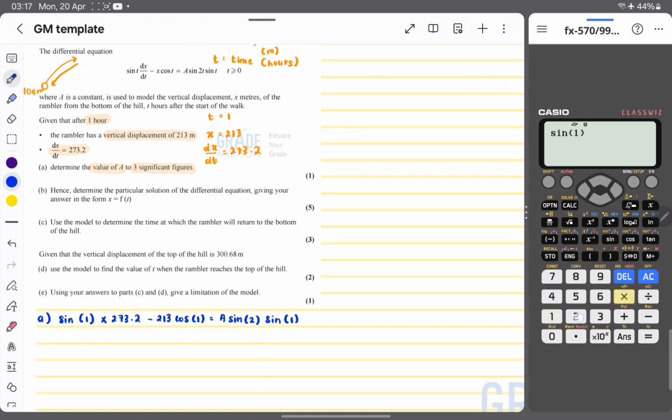Sin 1 times 273.2 minus 213 cos 1 equal to A sin 2 times sin 1. So shift solve for A. A is equal to 150.04. We want it to only 3 significant figures, so A is 150.